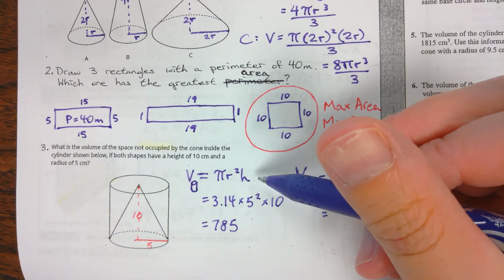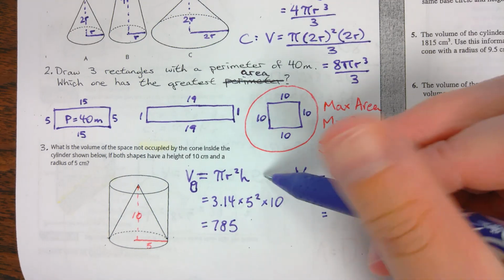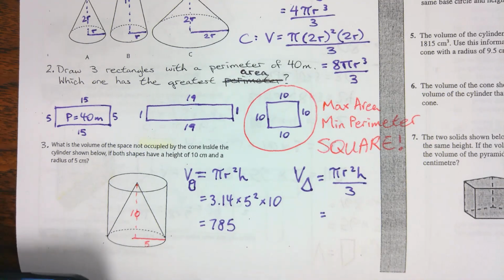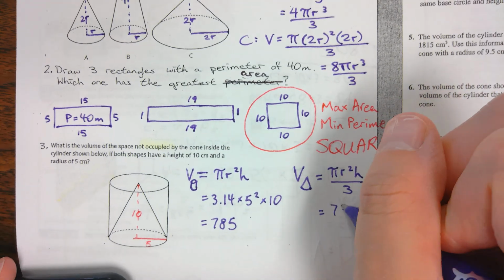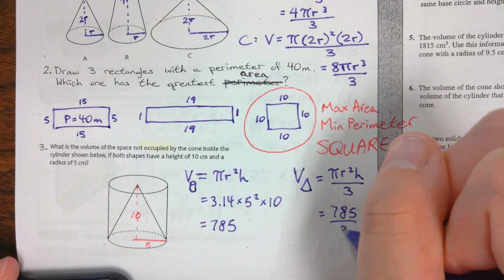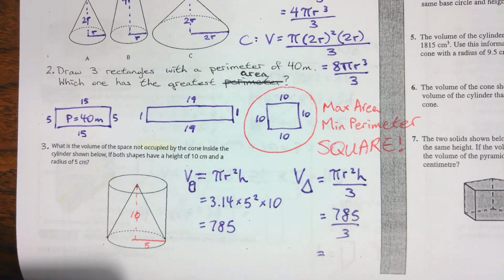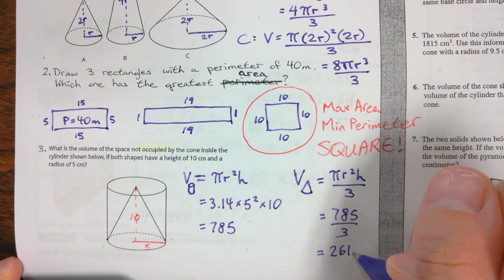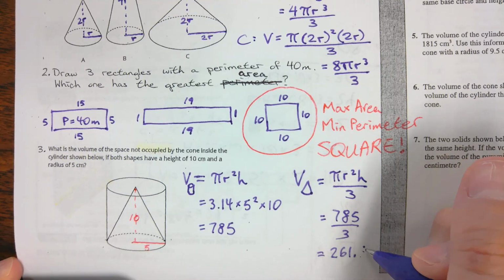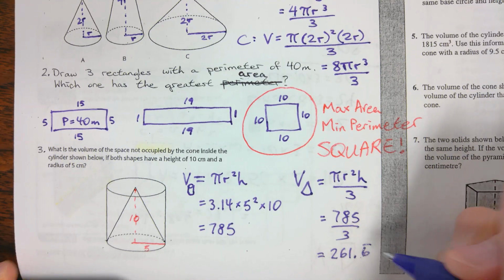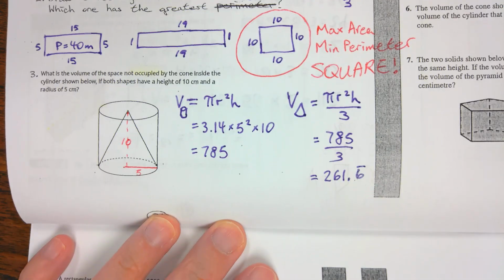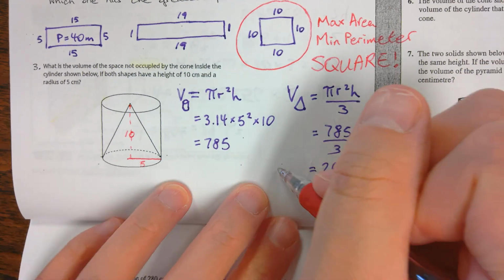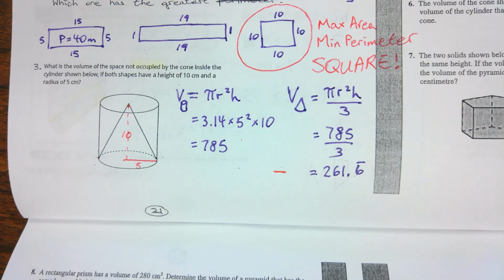See, pi r squared h, pi r squared h. So 785 divided by 3, and I get 261.6666.